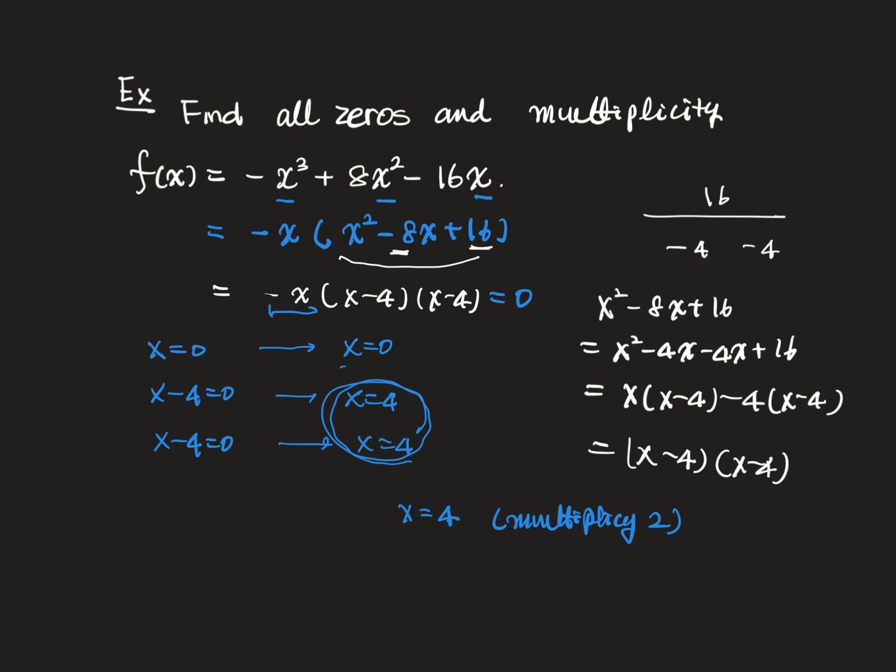How many x equals 0? x equals 0 has multiplicity 1. Guys, make sense? Add together: 2 plus 1. That makes the degree. This one is the degree. All right, now you understand zeros and multiplicity.